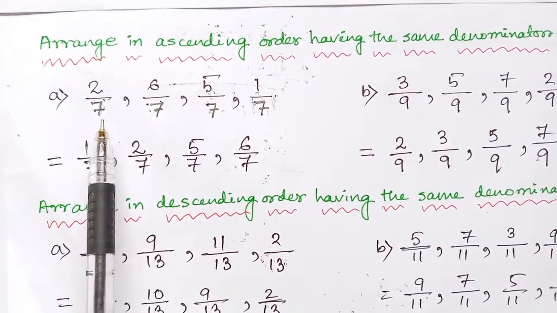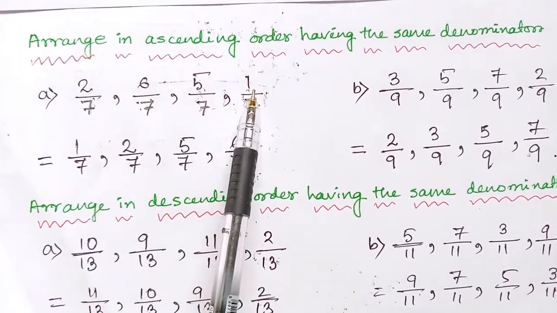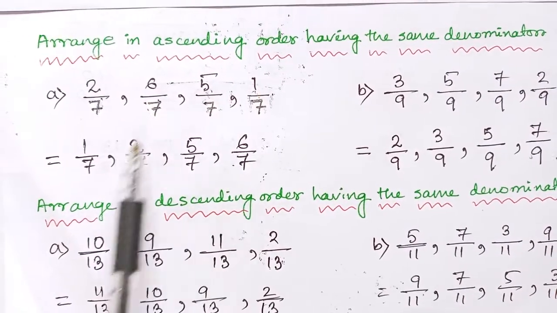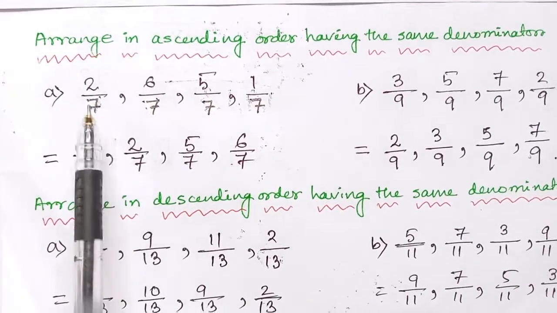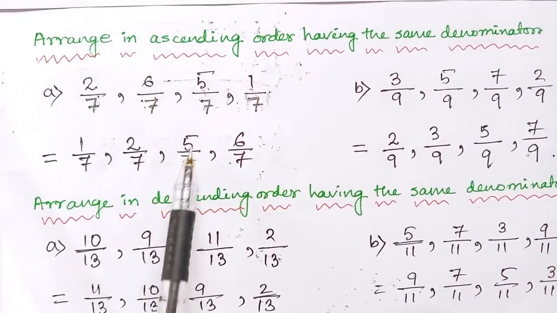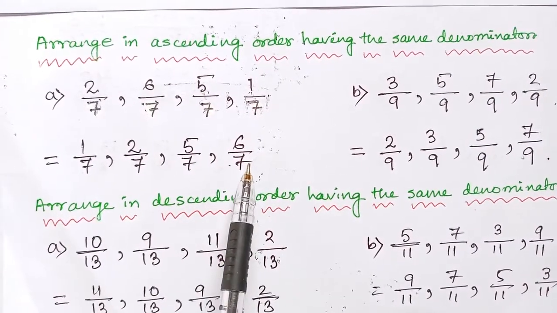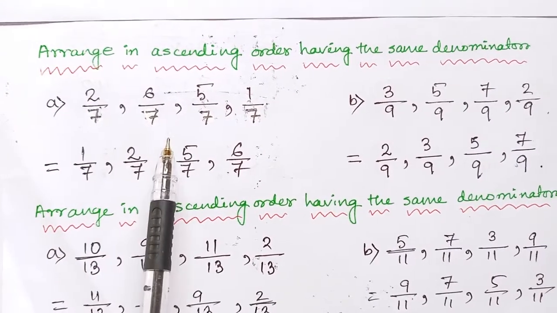So here all the denominators are same, that is 7. So the smaller number, that is 1, will be the smaller fraction, that is 1 by 7. After that 2 by 7, 5 by 7 and 6 by 7. So this is the ascending order arrangement of this fraction.